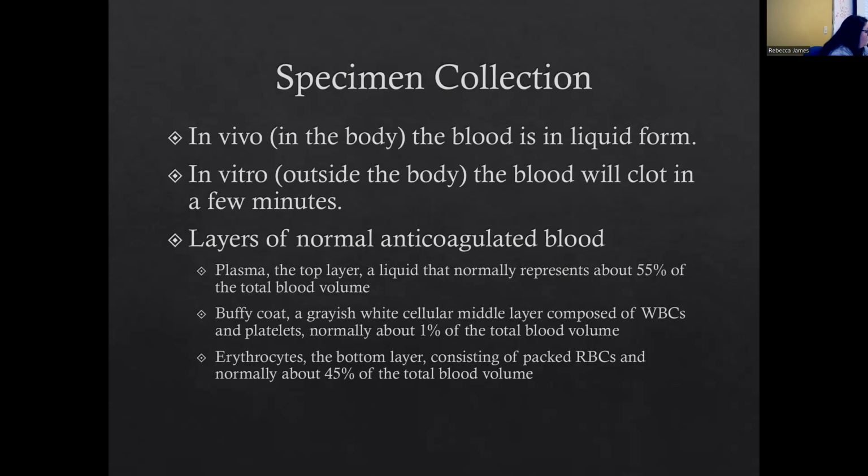And what are thrombocytes? Platelets. So your white cells and your platelets, they create a little layer in the middle. That's called the buffy coat. You need to know that. And then your erythrocytes, or your red cells, are at the bottom.